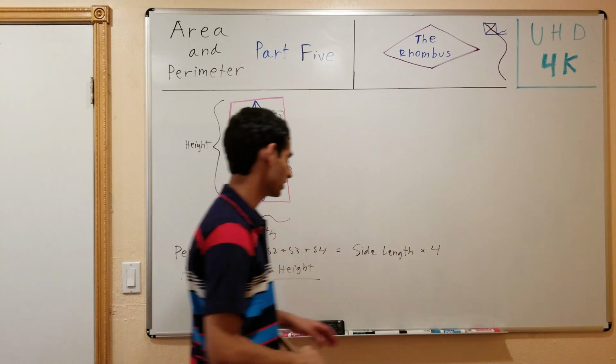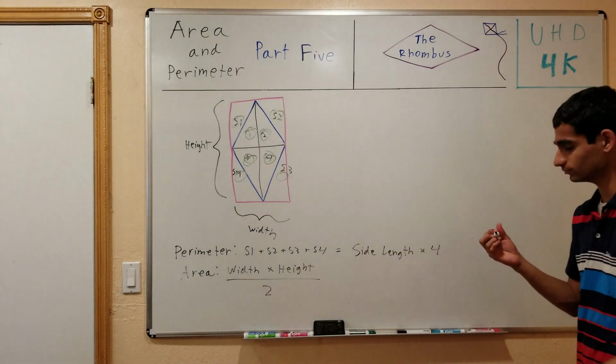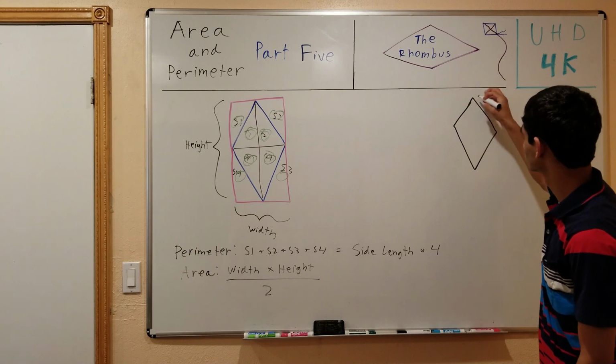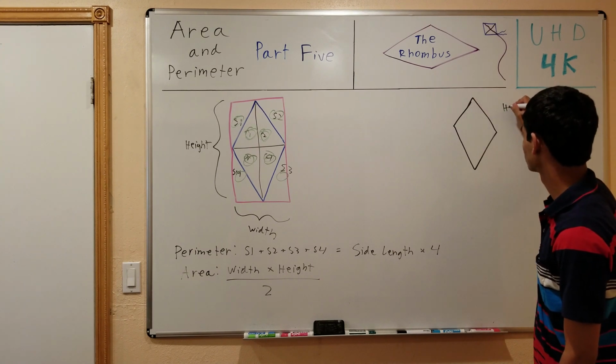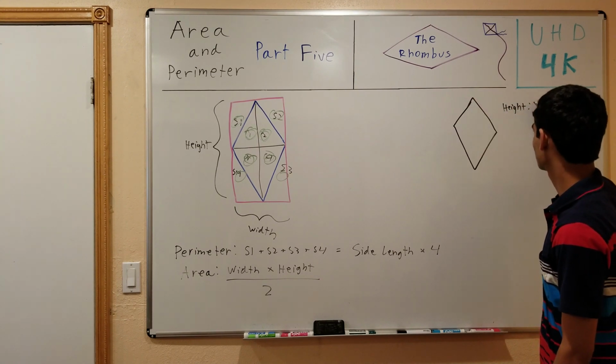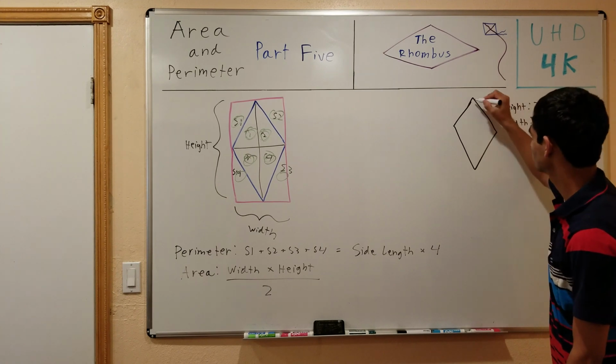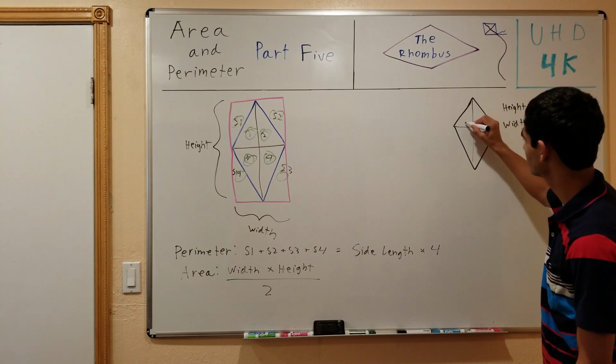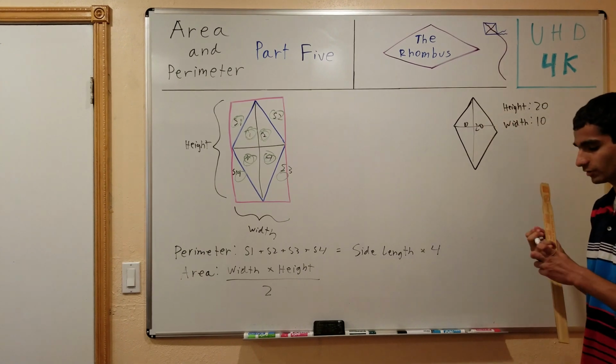Let's do a quick practice problem. Suppose I have a rhombus over here. The height is 20, width is 10. So that means this is a 20 and this is a 10. How do I find the area?